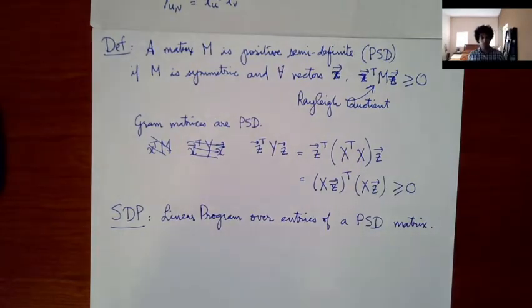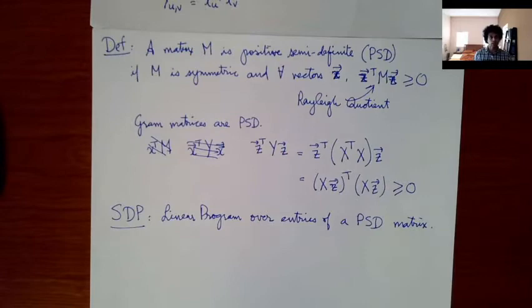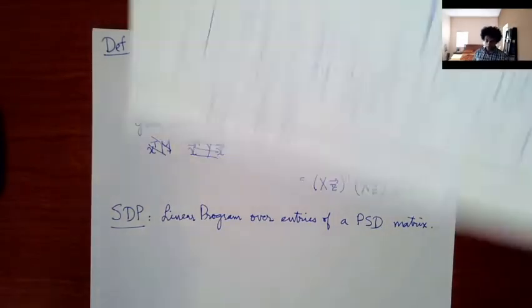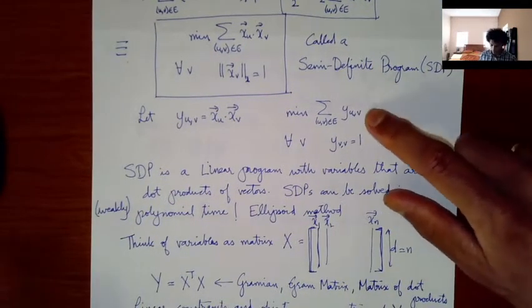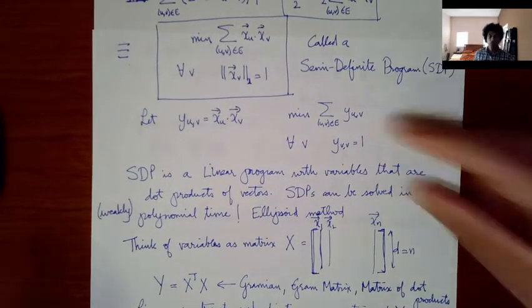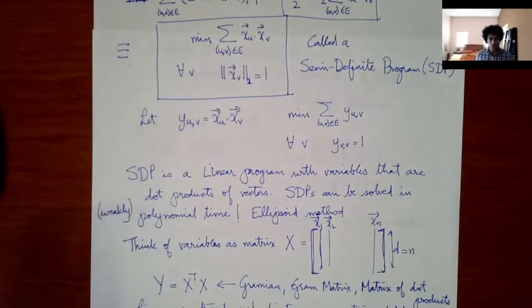So you have a linear program, except you constrain all of the variables to be entries of a PSD matrix, a positive semi-definite matrix. That is an SDP. It's still not obvious how to solve this in polynomial time, which I will get to. But this is the definition of an SDP. And the Goemans-Williamson relaxation of Maxcut is an SDP, because what we have are linear constraints over entries of a positive semi-definite matrix. In this case, it's a Gram matrix.